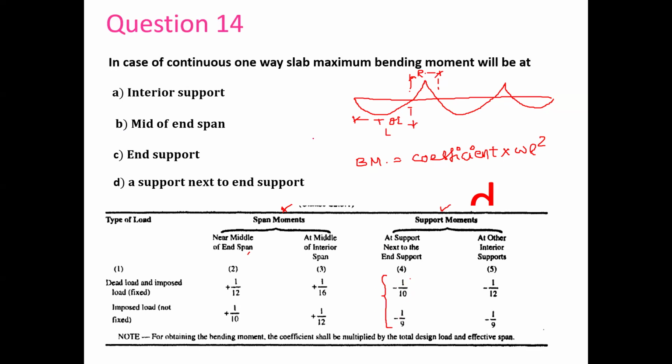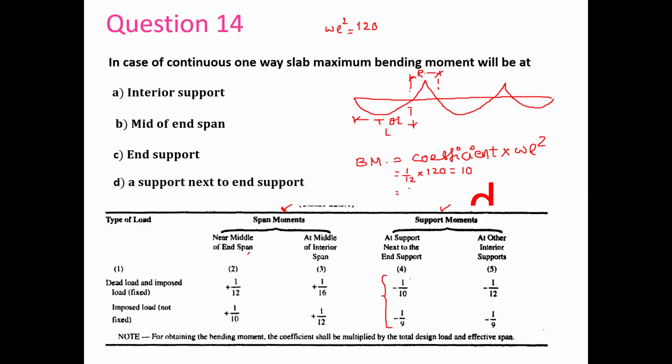This is 1 by 10. If W into L square is 120, then with 1 by 12 into 120 we get 10. With 1 by 16, it will be even less.